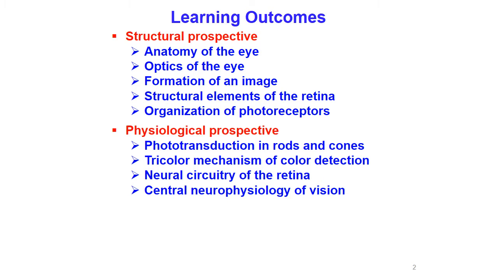Here, phototransduction, that is, conversion of light into the electrical signal in rods and cones, play an important role in color detection. The signal goes through the neural circuitry of retina, then leaves the retina via the optic nerve. The visual nerve signal then goes to the visual cortex of brain, which comes under the heading of central neural physiology of vision.